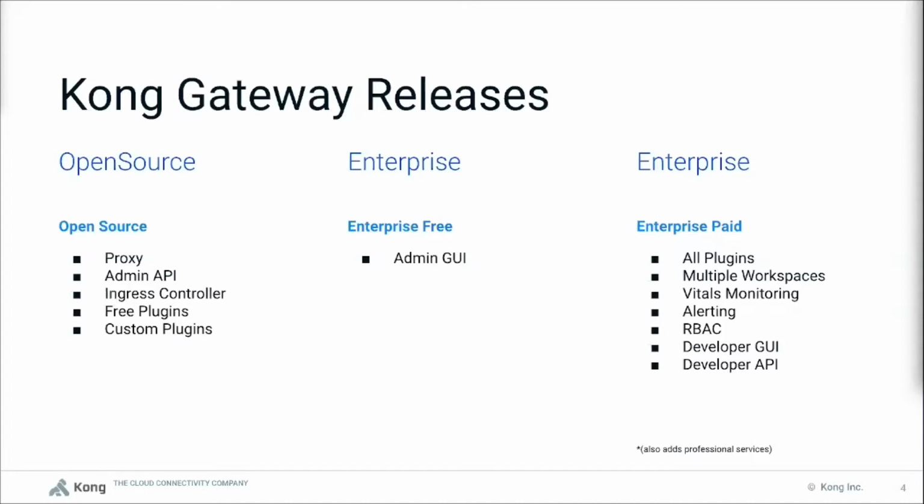And then, of course, that is when the Admin GUI goes from read-only to read-write. One privilege without RBAC is you open up the ability to configure Kong and still control who can do what with your Kong gateway. And it gives you per workspace developer portals.